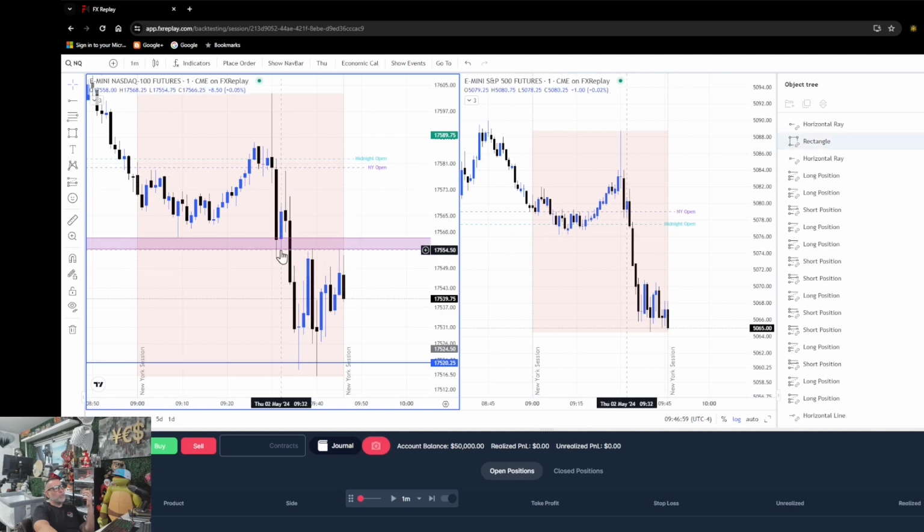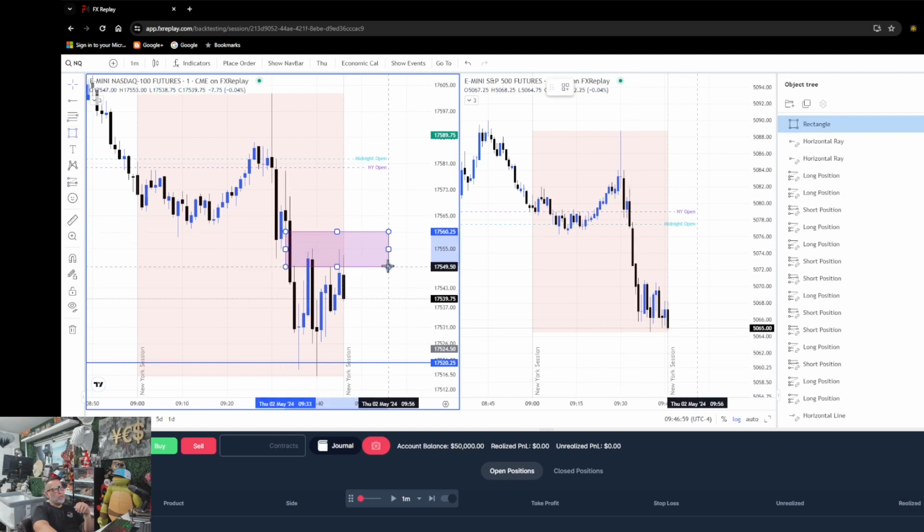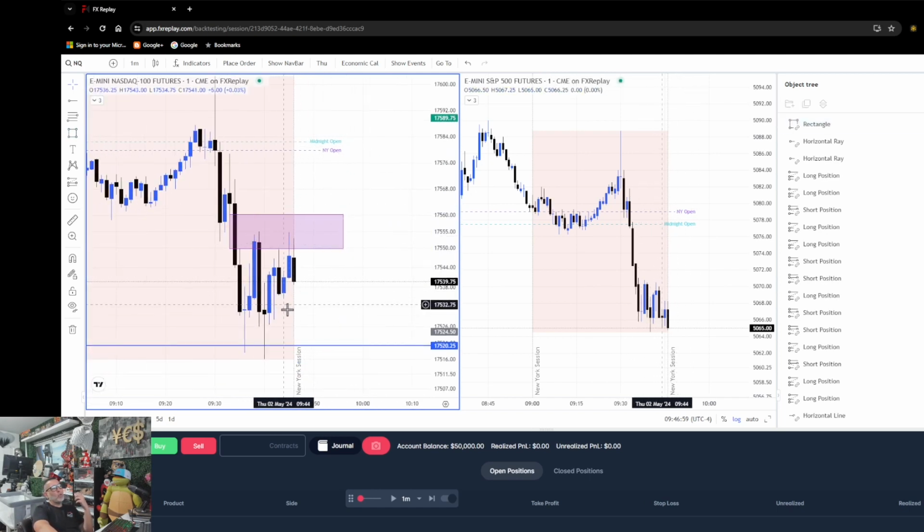So we broke through, we created a new fair value gap, and this is just reading price, right? So here you have a new fair value gap that we tested and is holding, and right here we have SMT.